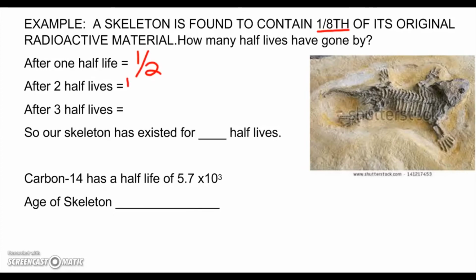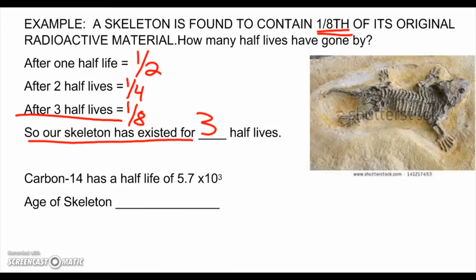After 2 half-lives, only 1/4 of that material is left. Almost there. After 3 half-lives, we are up to 1/8 is what is remaining. Okay, so after 3 half-lives, our skeleton has existed for 3 half-lives.